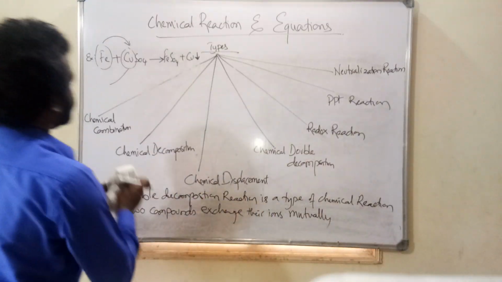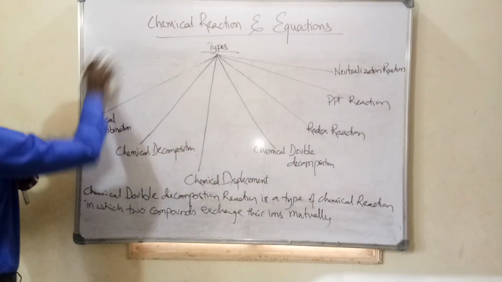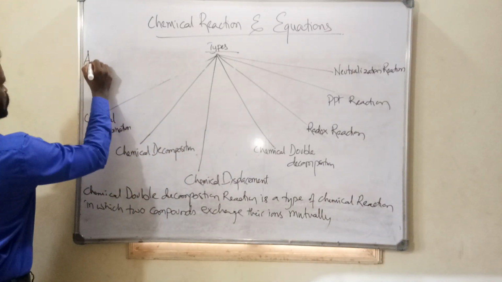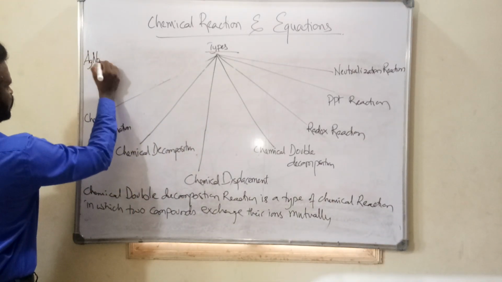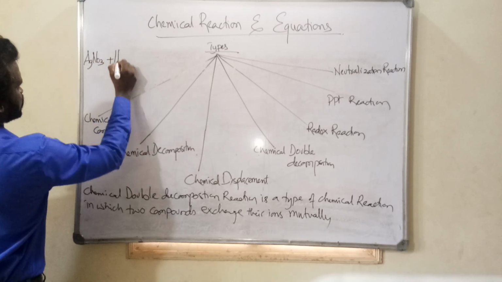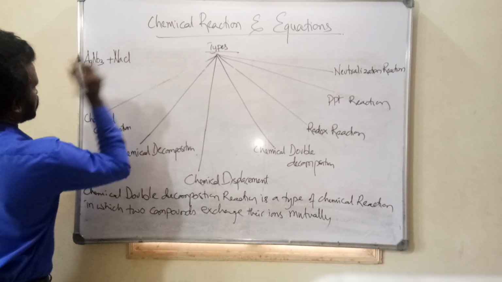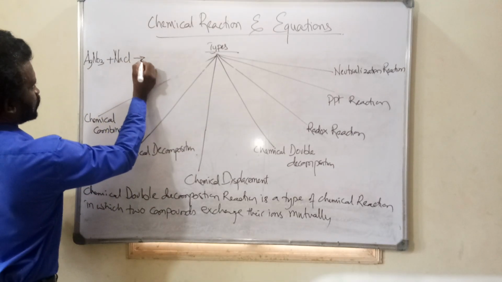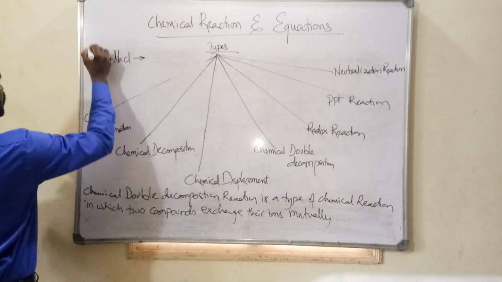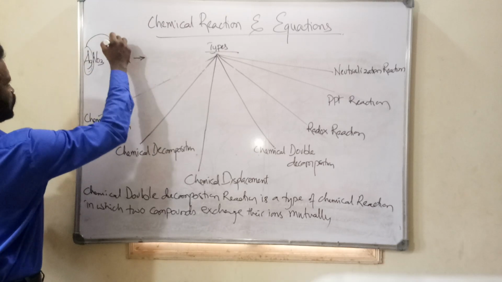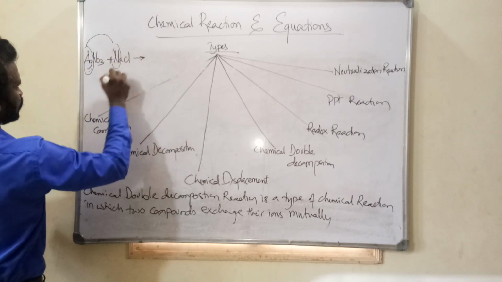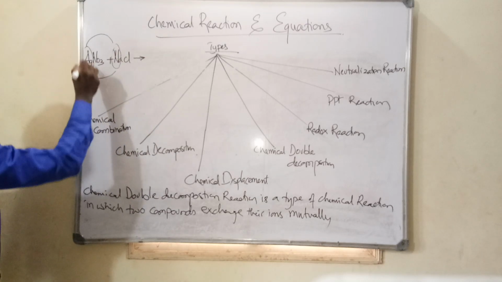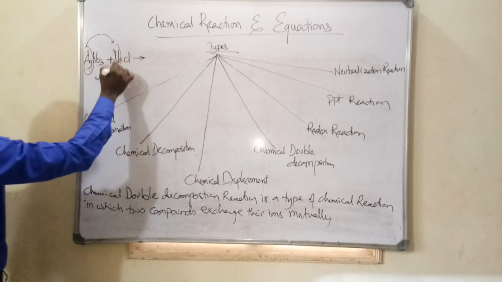Is it clear? Now, I will give an example here. Two compounds, AgNO3, silver nitrate, plus NaCl. Both are compounds. Ag will come to this place and sodium will come to this place.